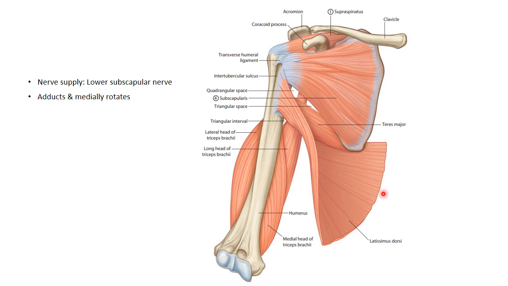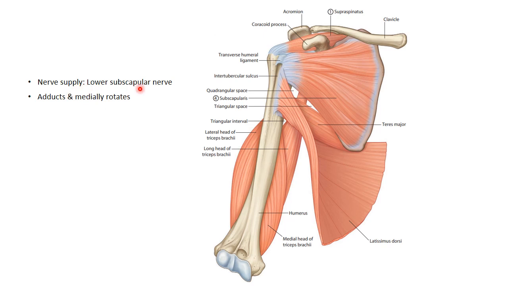As it converges, its fibers spiral around the lower border of teres major to reach anteriorly and are inserted into the floor of bicipital groove between the insertion of pectoralis major laterally and teres major medially. So it is closely related to teres major, especially in action.